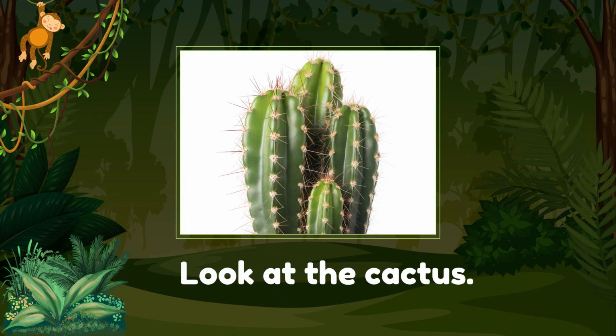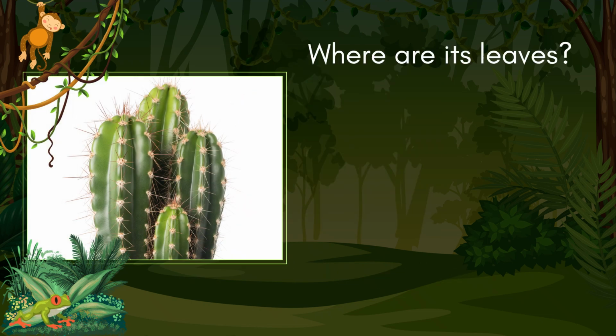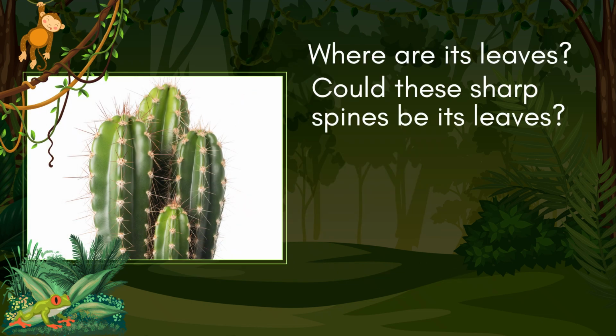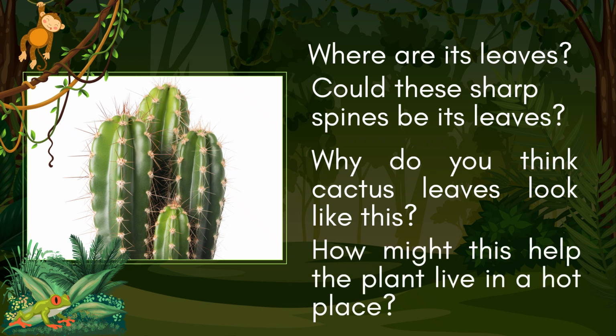Look at the cactus. Where are its leaves? Could this sharp spine be its leaves? Why do you think cactus leaves look like this? How might this help the plant live in a hot place?